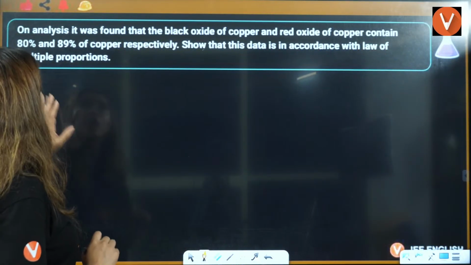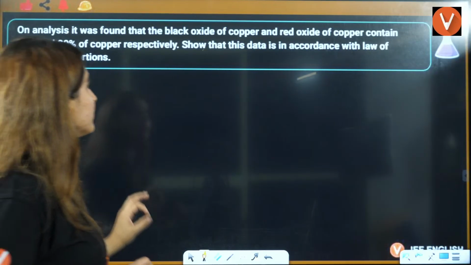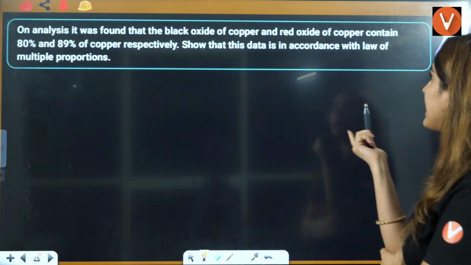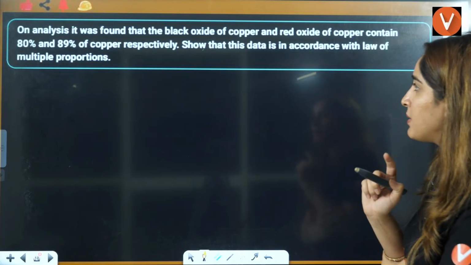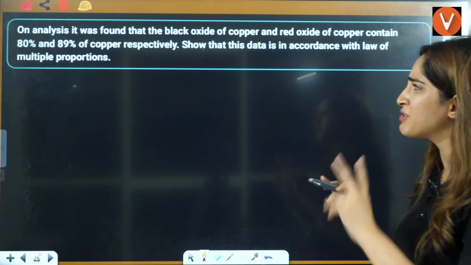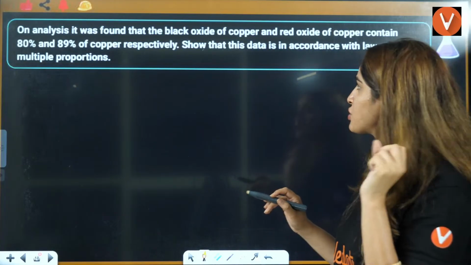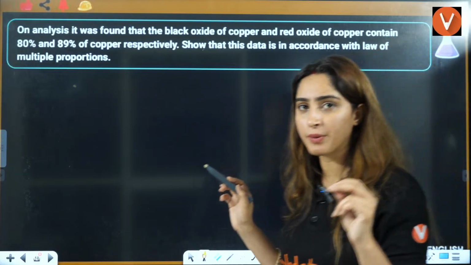Now, the question is: on analysis, it was found that black oxide of copper and red oxide of copper contain 80 and 89% of copper respectively. That means 2 compounds are given to us with different compositions. Show that this data is in accordance with the law of multiple proportions.